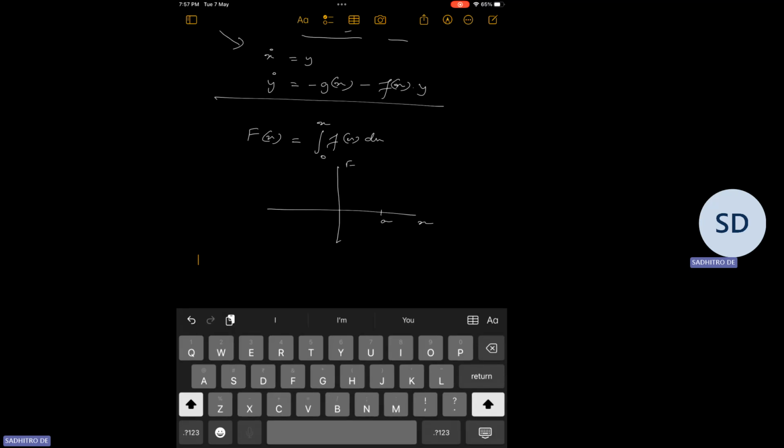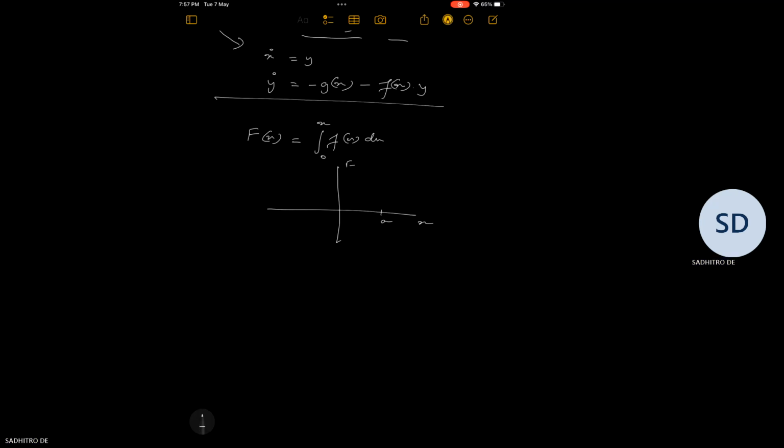It has to be positive and increasing over here, and here it can be anything. Oh, by the way, this has to be an odd function, right?